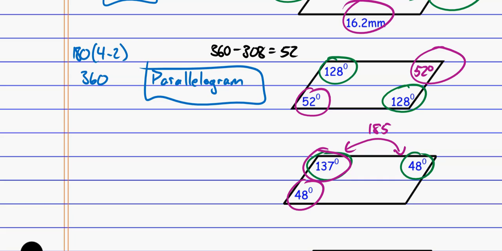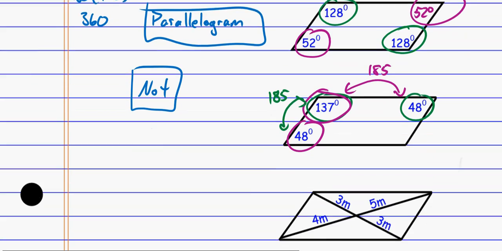And when I add these guys together, it gives me a 185 as well. And so when I look at that, well, neither of those added up to 180 like they're supposed to, so this one's not a parallelogram. And it's possible that I would have one that equals 180, but the other one doesn't, okay? But again, the property is that both of those have to equal 180, so this one's not a parallelogram. So I'm just checking the properties, okay? But each property involves two things.